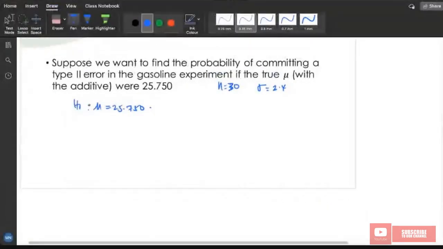Now, if you want to find probability of type 2 error, which is beta, the probability of type 2 error is when we accept the null hypothesis.